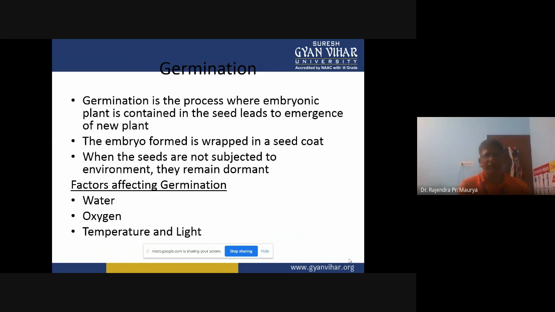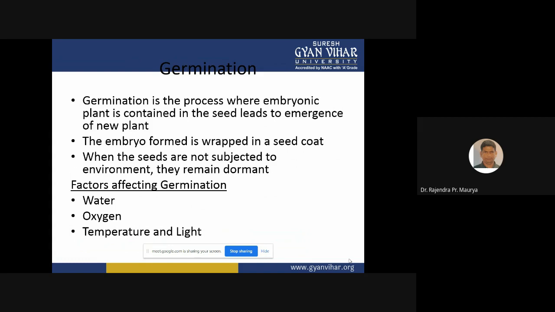So when we do the seed sowing, after getting favorable environmental conditions, these seeds will germinate and produce a seedling that contains the root system as well as the shoot system. At the initial stage of seed germination, it will produce the radicle, that is the root system, and the plumule, that is the shoot portion.